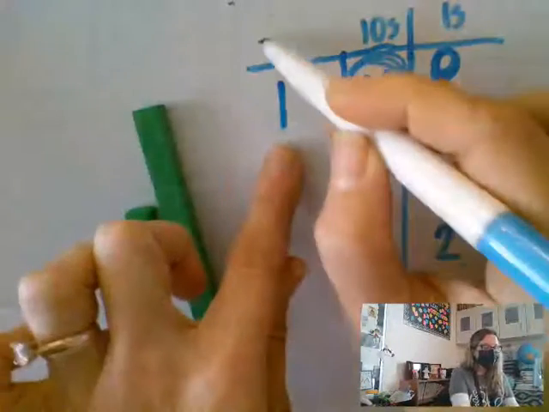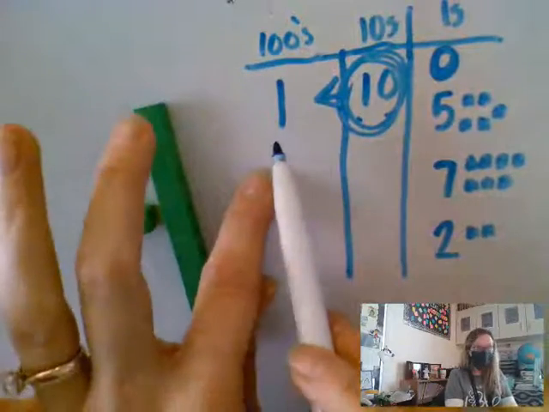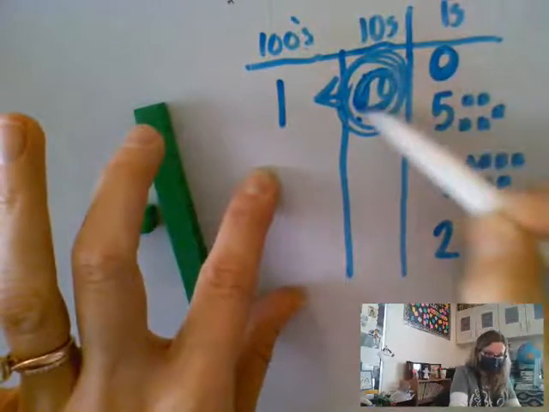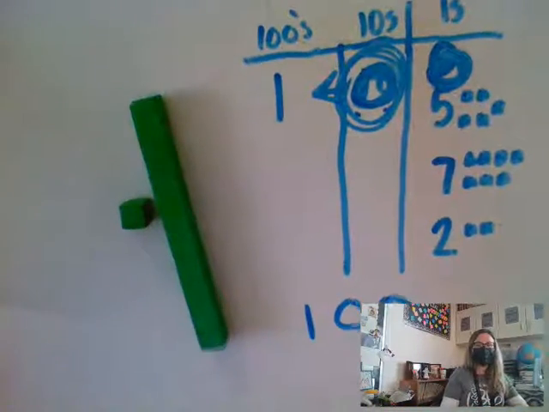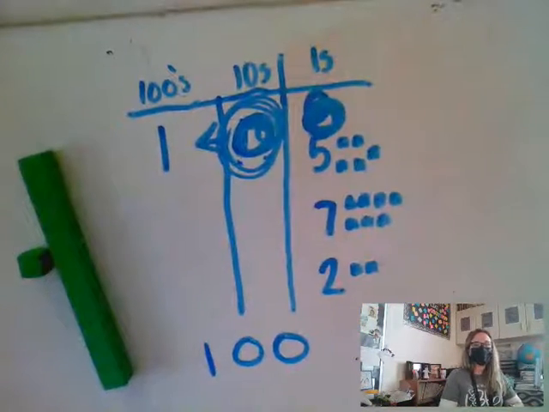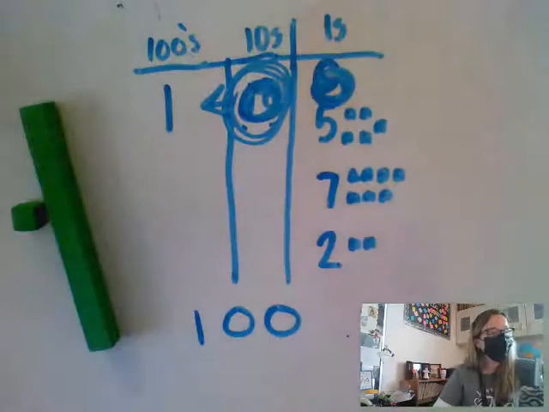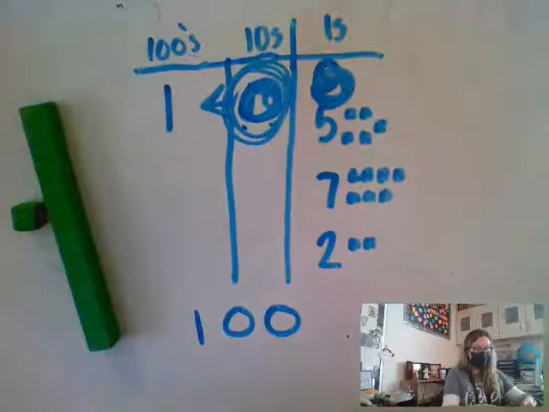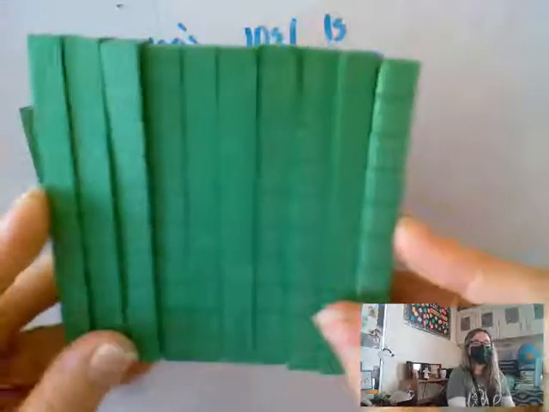When there's a 1 here in the hundreds column, this doesn't just stand for 1 because we have a 0 here and a 0 here, and we know that 100 is what number, friends? 100.